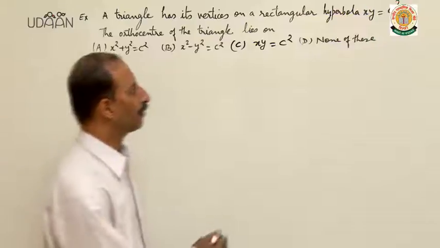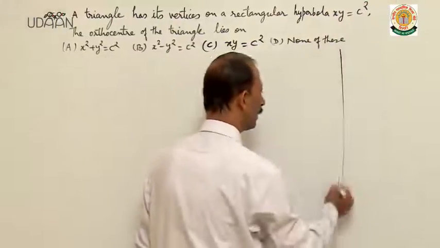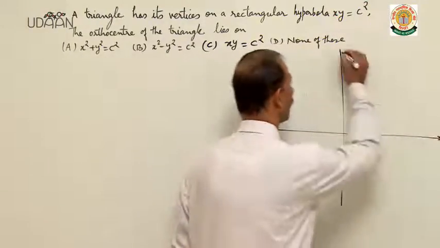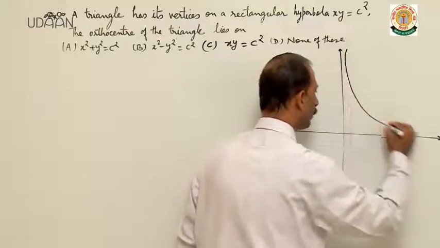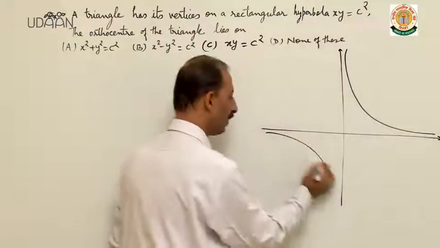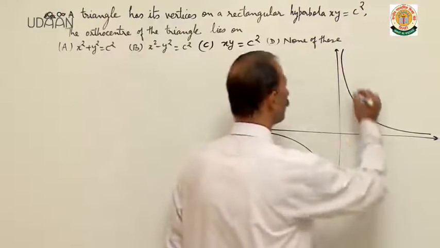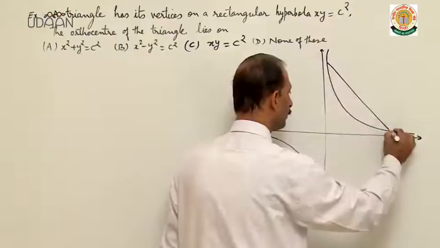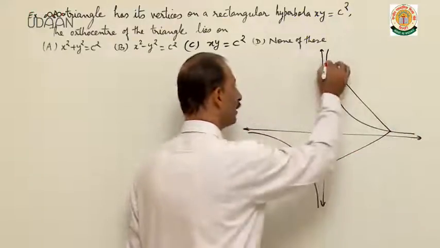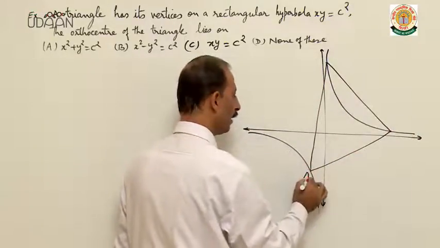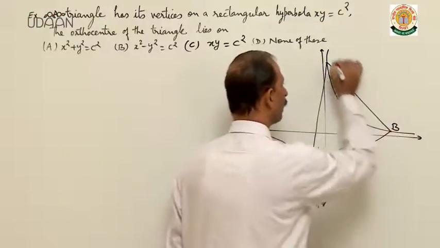If we draw a rough diagram, you can see the shape of the rectangular hyperbola xy equal to c square will be this type. It lies in the first and third quadrant. So we have taken the triangle ABC, whose vertices lie on the rectangular hyperbola.